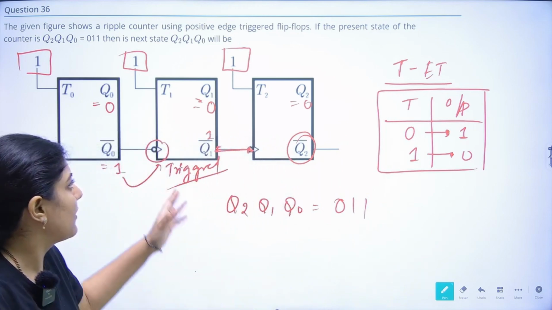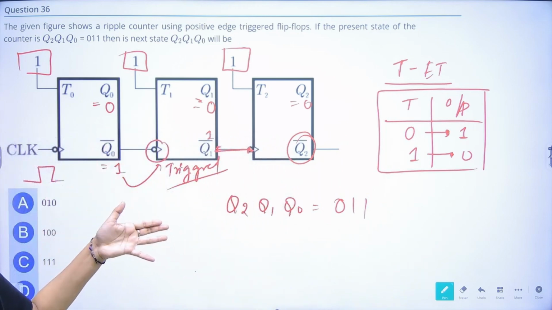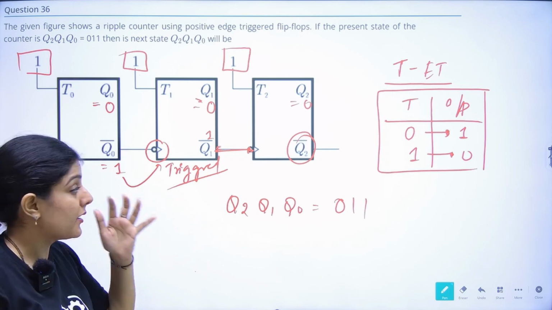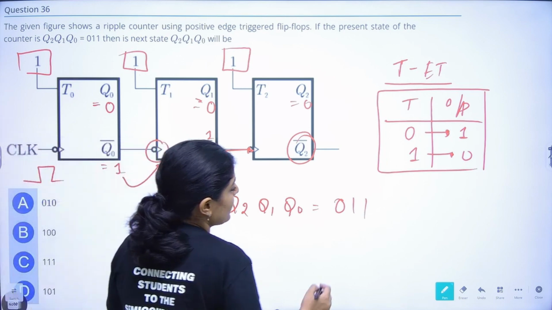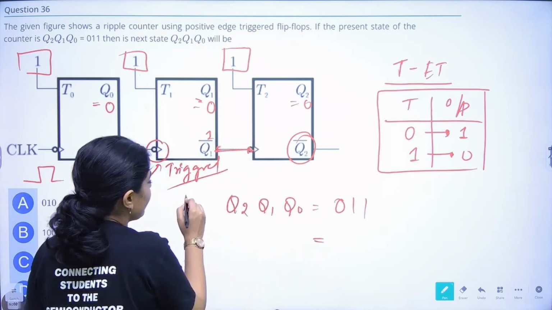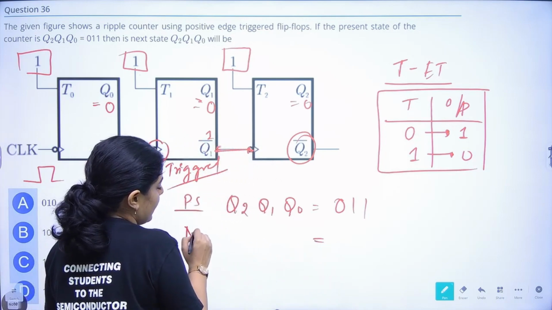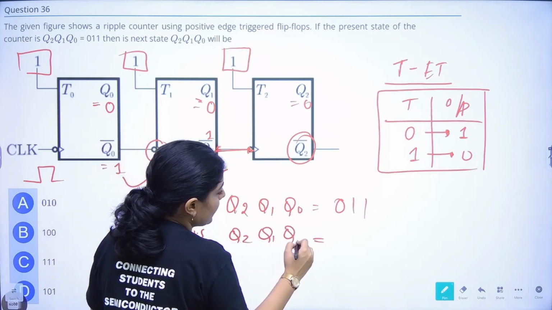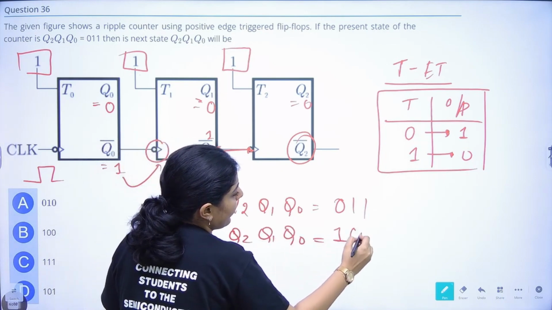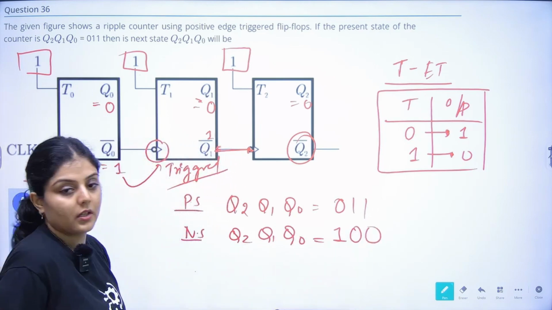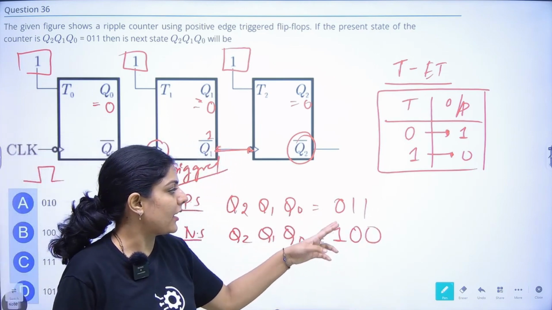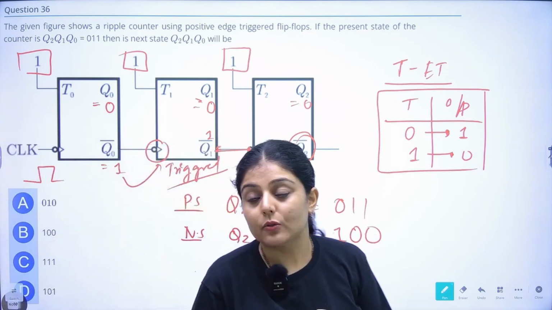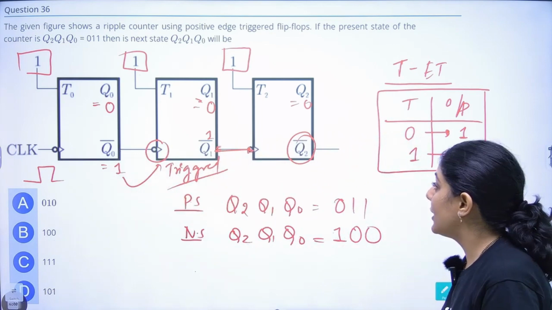So whatever the present state is, the next state will be toggled, just opposite. So this is your present state, next state Q2, Q1, Q0 will become 1, 0, 0. So 0 will become 1, 1 will become 0, 1 will become 0. So this is how it will work.